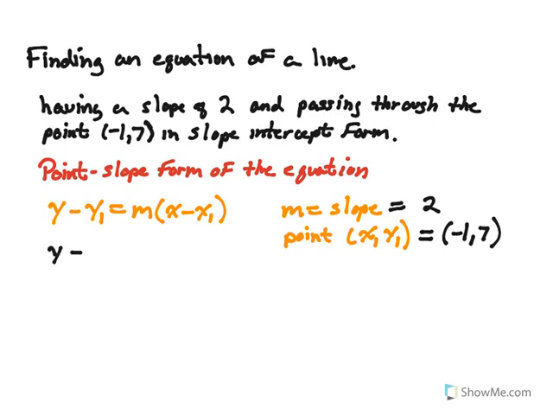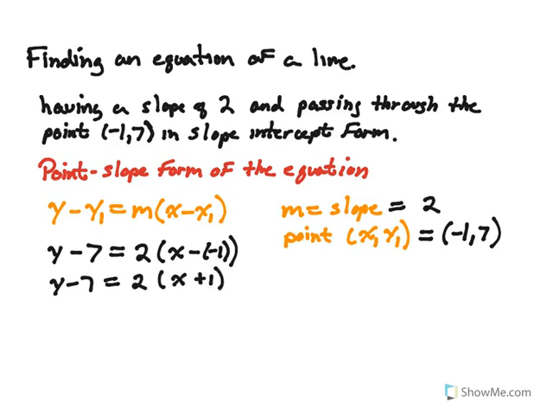Okay, y1 we said was 7. Our slope is 2. And then our x1 is -1. So we're going to subtract a -1, so we should enclose that with parentheses. And if we simplify the two signs in the parentheses, that becomes x plus 1.